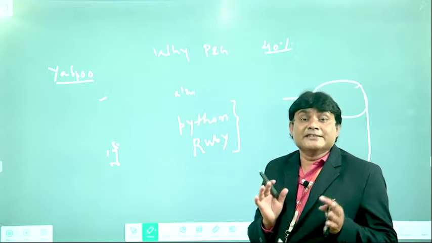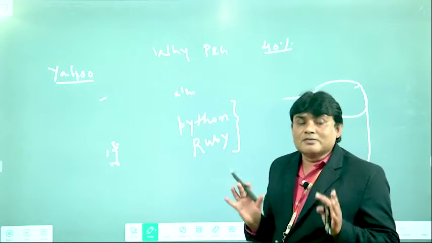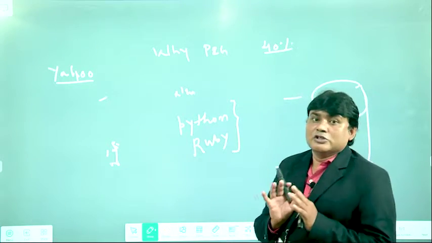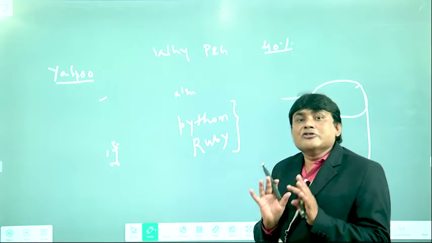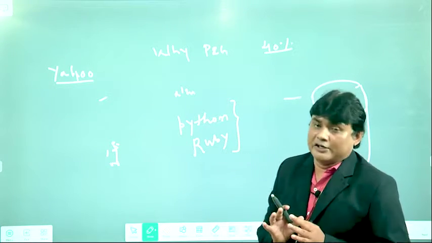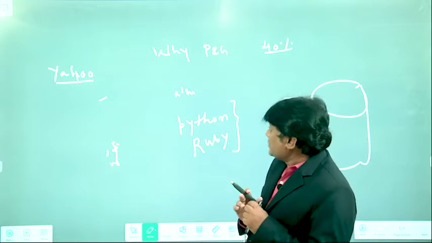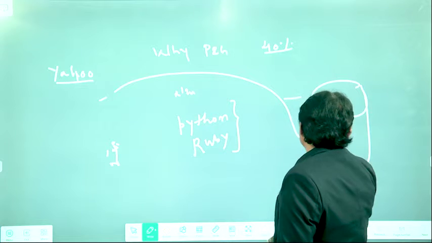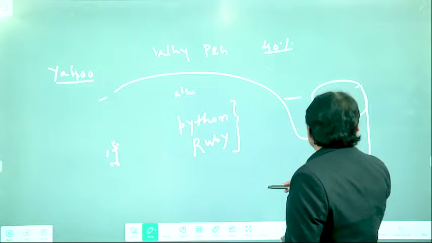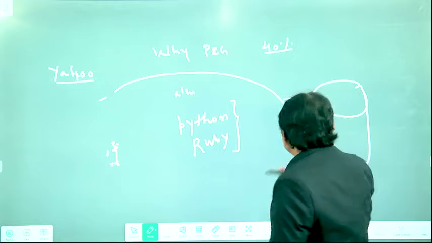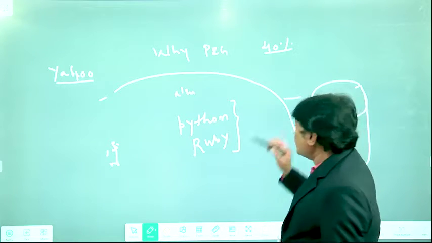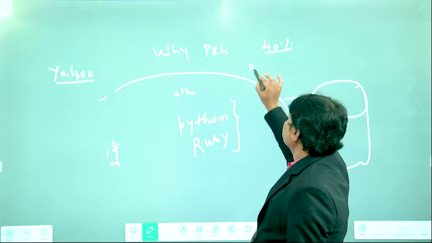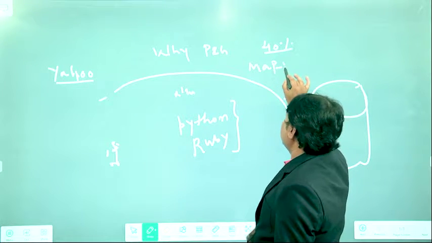Just imagine that most of the processing they are doing is with the help of Hadoop only. So Yahoo is one of the biggest users of Hadoop. But if Yahoo developers want to interact with Hadoop, process data from Hadoop, or do any operations on it, they must know MapReduce programs.